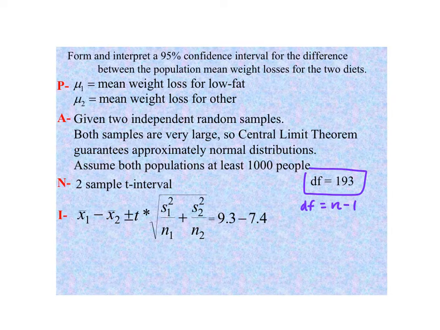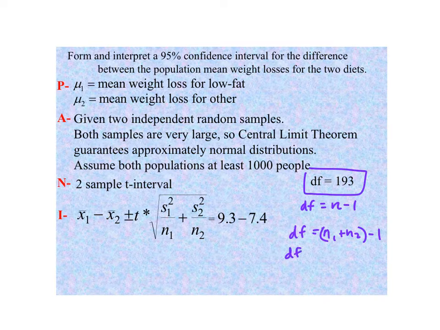So what's 100 minus 1? 99. Okay, so then I had some students say, well, so maybe the degrees of freedom is n1 plus n2 minus 1. Okay, that's a good hypothesis.